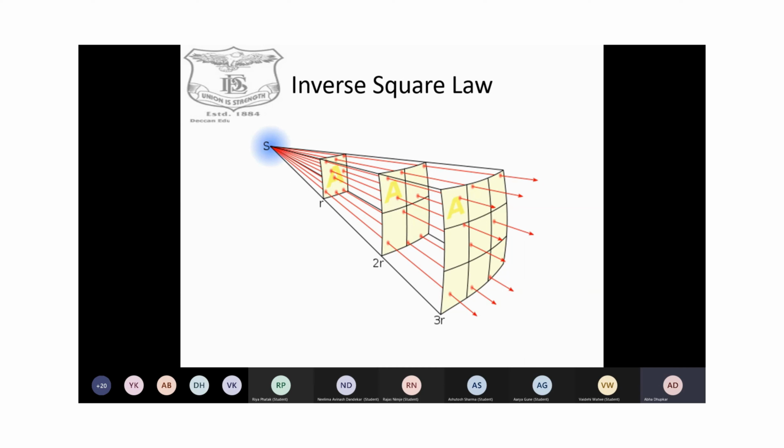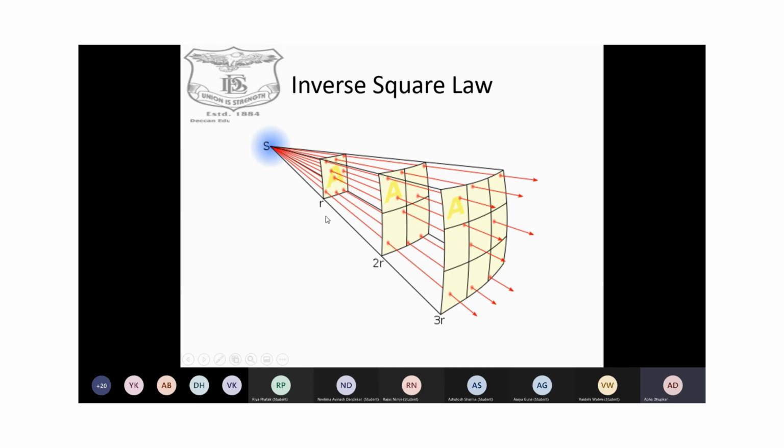Understood this? The intensity of the radiation which is going to be felt is going to vary according to the square of the distance from the point source. Everyone okay with this?